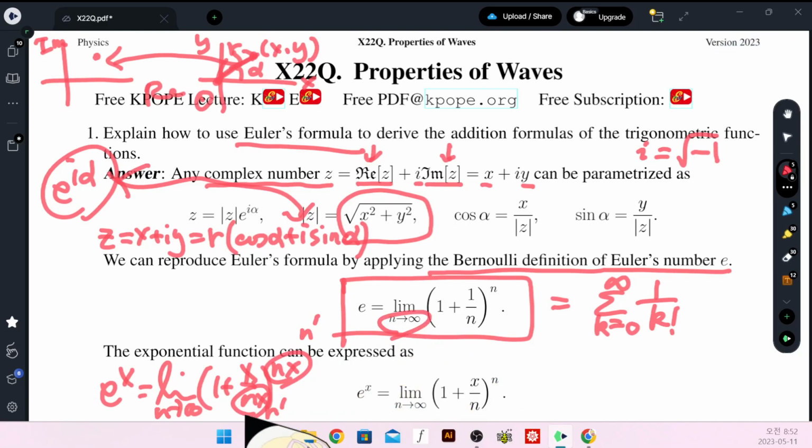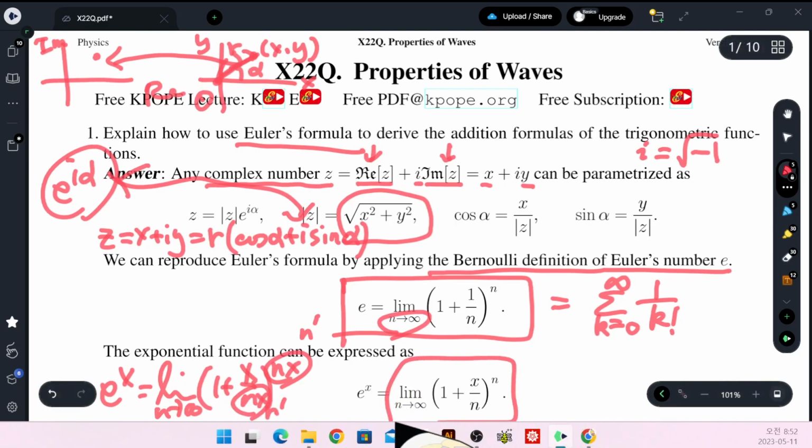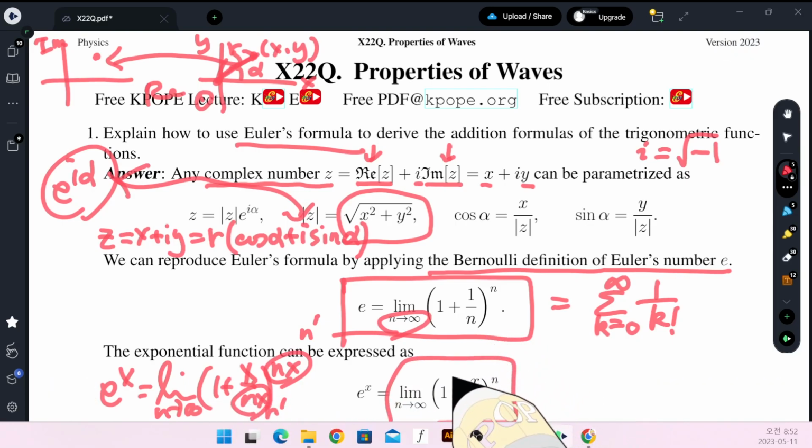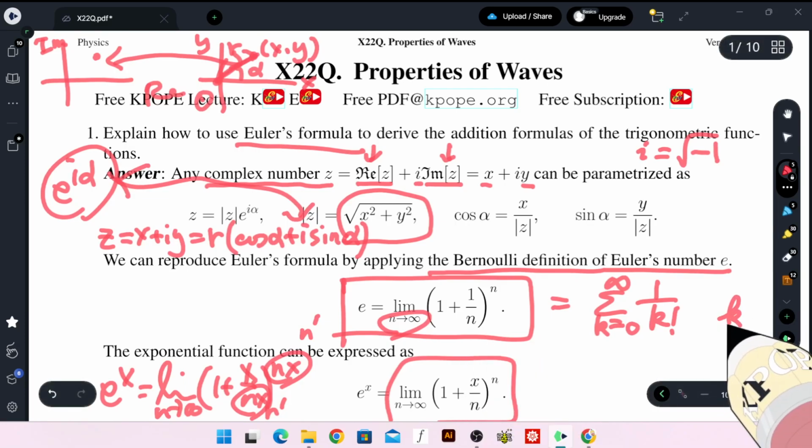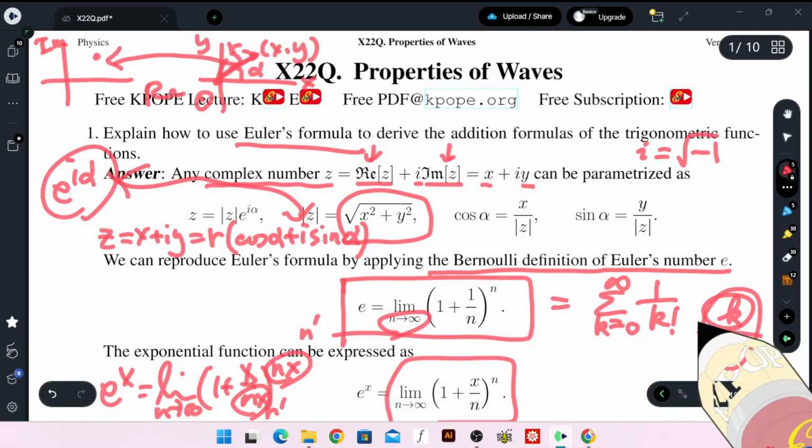In this manner, I can express this one like this and apply the binomial theorem again, and all of the finite k-dependent terms divided by n are killed as n goes to infinity.